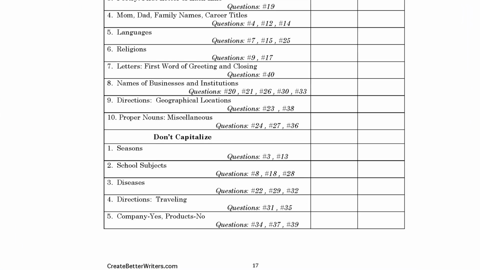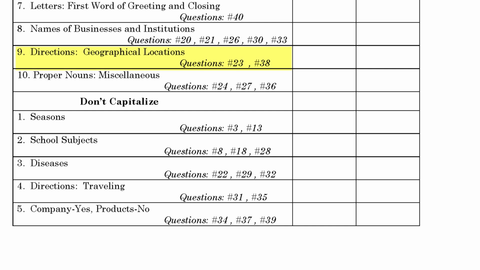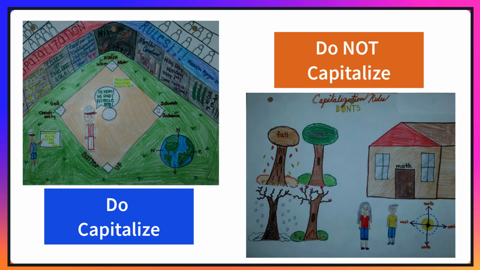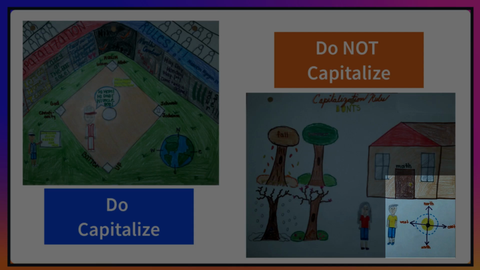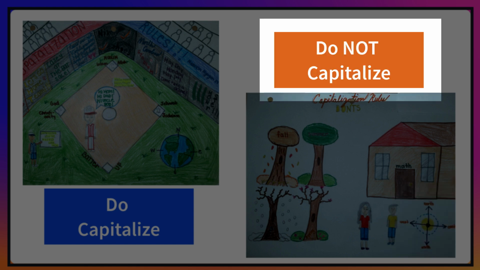For example, if you look at geographical locations from the do capitalize list and then directions from the don't capitalize list, these are words that are on both lists. Sometimes you capitalize them and sometimes you don't. So the students would have to look at the picture to know, well, directions like north, south, east, and west, typically they're not capitalized.